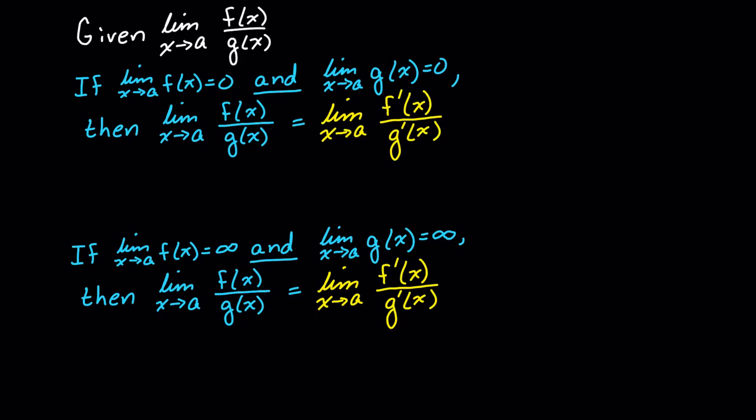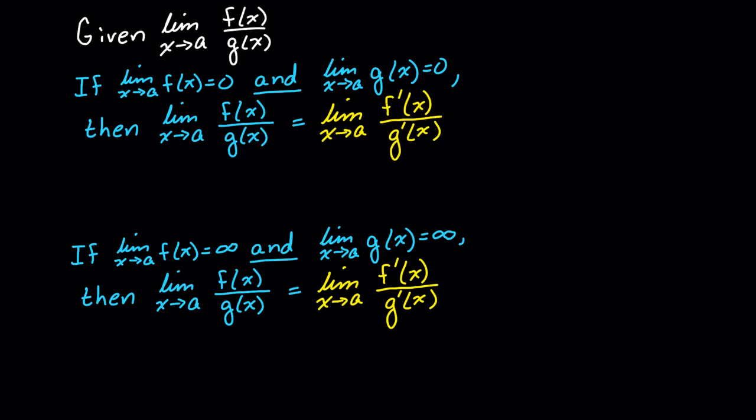Given the limit as x approaches a of f of x over g of x, where f of x is a function and g of x is a function, you've got the numerator considered one function, the denominator considered one function. If the limit as x approaches a of the numerator and the denominator both equal 0, then L'Hopital's rule is going to apply.